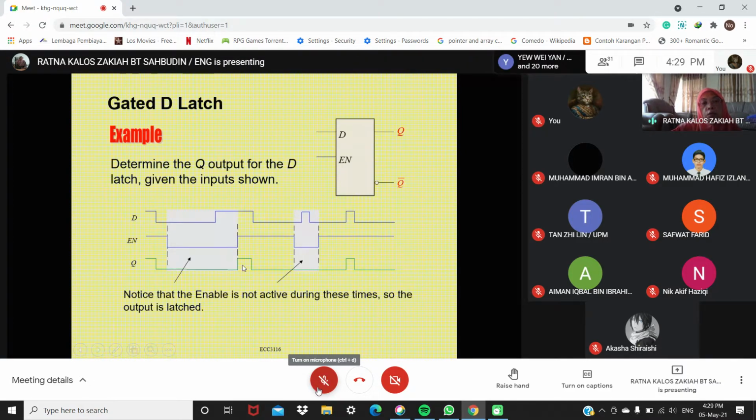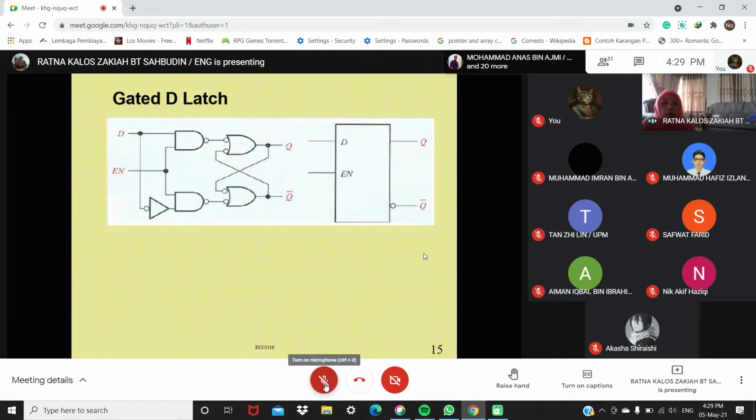So D is high, and then going down, and then going down. Because here low again, no change until this part. This is enable is high, so this is low and then you have high. So notice that the enable is not active during these times, so the output is latched. Okay?